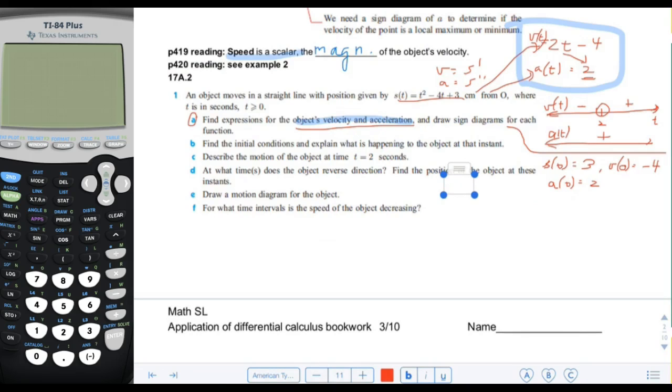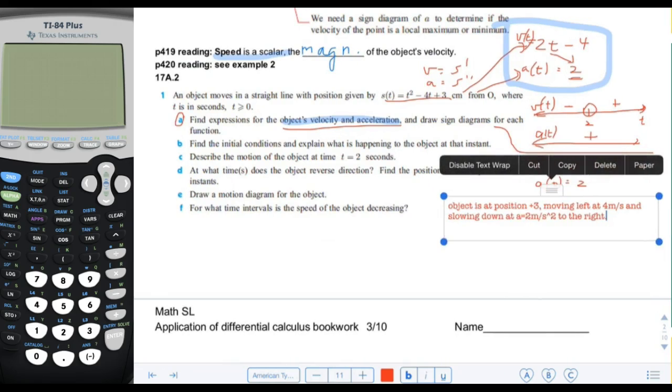So what is happening to the object at that instant? The object is at position +3, moving left at 4 meters per second, and slowing down, with a equals 2 meters per second squared to the right.